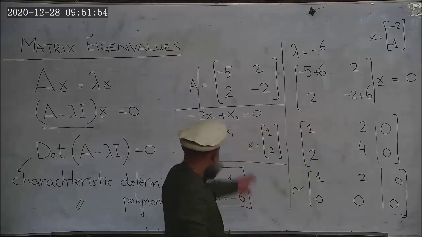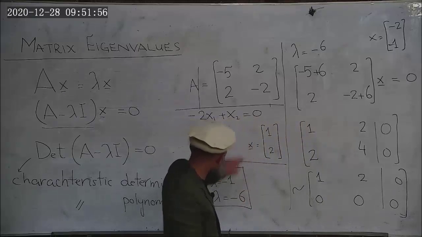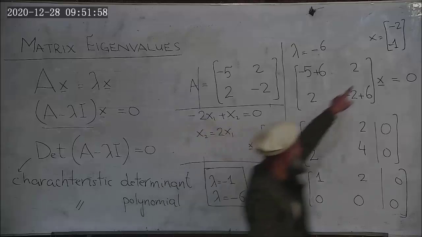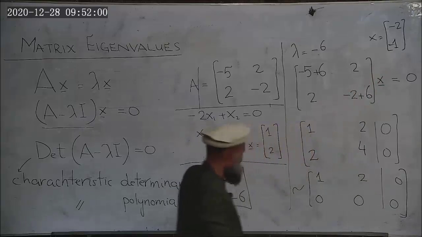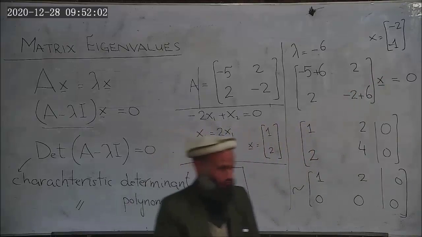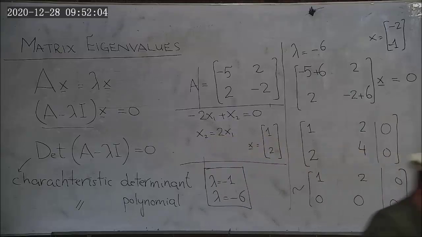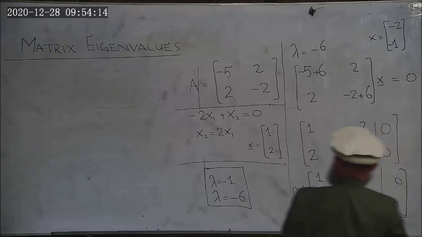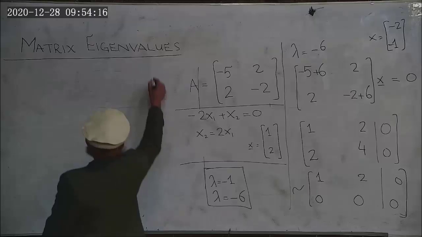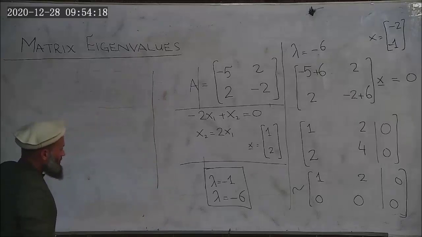So this is the eigenvector corresponding to this eigenvalue, and the second eigenvector corresponds to the second eigenvalue. The procedure to determine eigenvalues and eigenvectors is quite simple. These are two different questions.